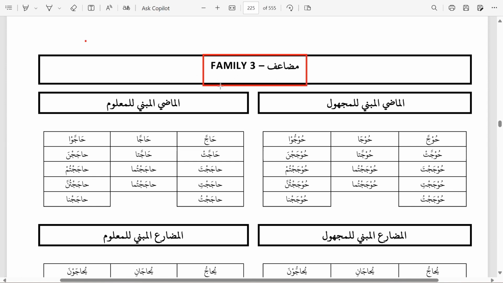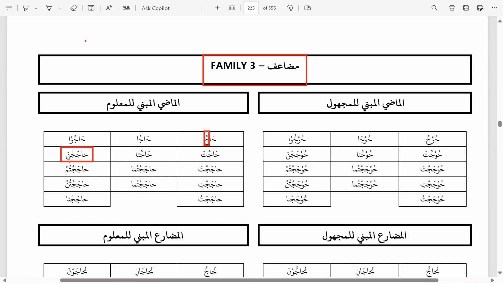That's why the first family in Mazid Fihi with Muda'af words is family 3. So you can see Hajja, there is Shadda: Huwa Hajja, Huma Hajja, Hum Hajju, Hiya Hajjat, Huma Hajjata. And then in past tense, Hunna form, Hajajna. So the second and third letters are separate over here.